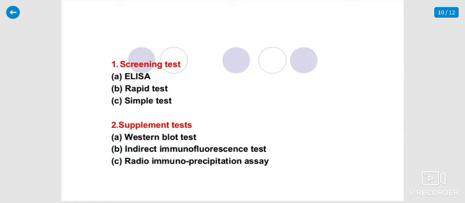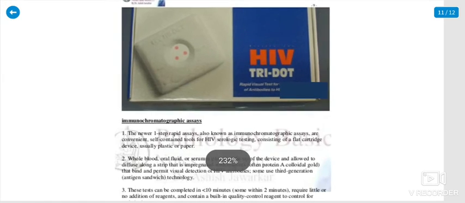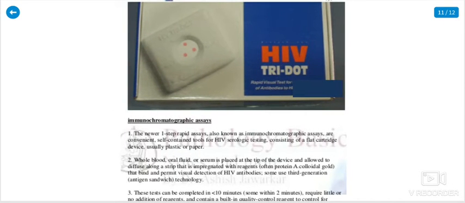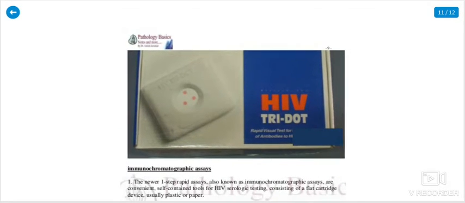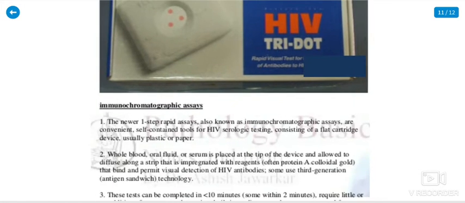And finally, the tri-dot HIV kit is available in the markets. In India it is not possible in this manner, because a particular country produces this particular kit.